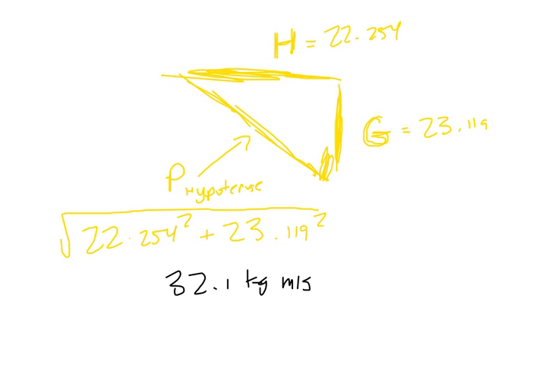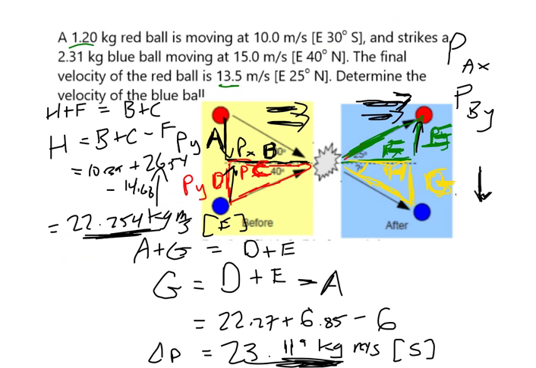We still have 2 more problems, the same 2 problems that we had the previous time. I don't actually want a momentum, I want a velocity. So this is actually really easy to solve. Just divide by mass, right? If this is my momentum, if you divide it by a mass, that would get you a change in velocity. So what was this one's mass? It was the 2.31, I think.